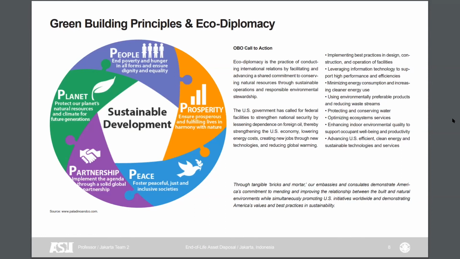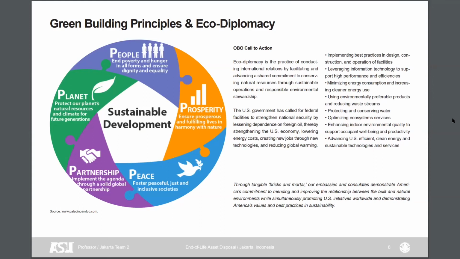So that could be, setting it from an energy consumption to using environmentally preferable products, emphasis on protecting and conserving water, optimizing ecosystems. And this is particularly important because the new capital of Nusantara is considered a rainforest.